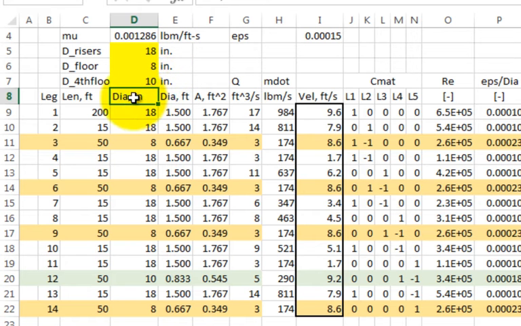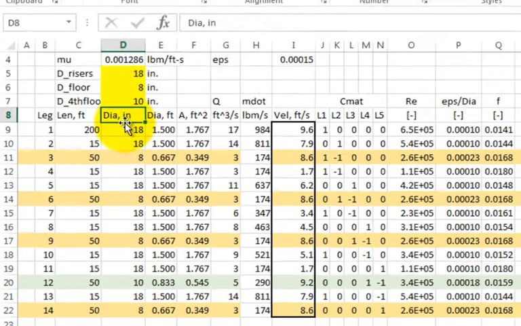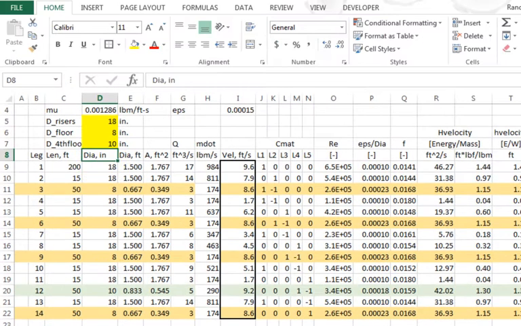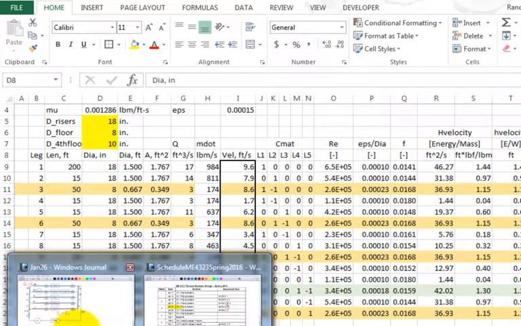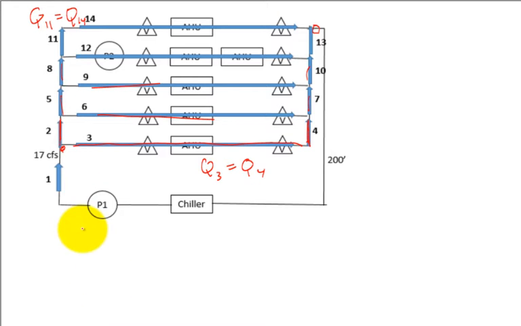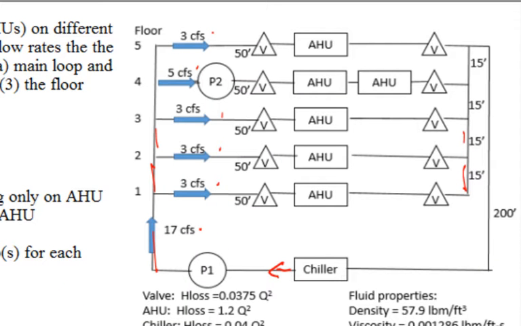Yes? How do your flow rates change for the vertical risers? What I did was I went back here, and basically if I know that I need 3 cubic feet per second to go here, then I just do the math on this node.